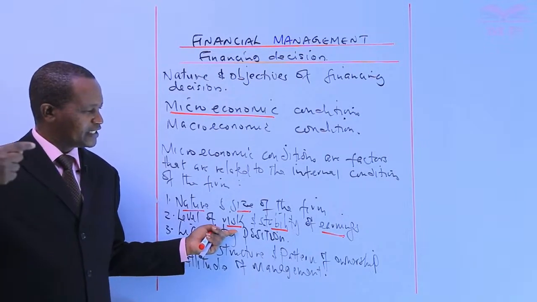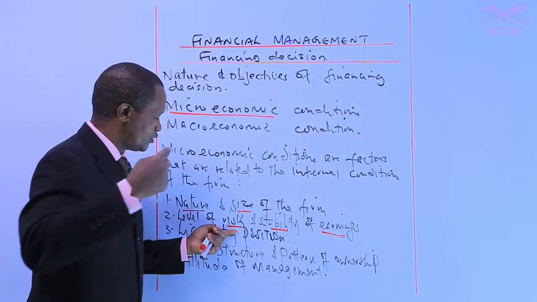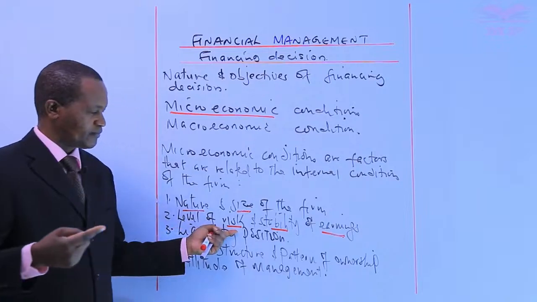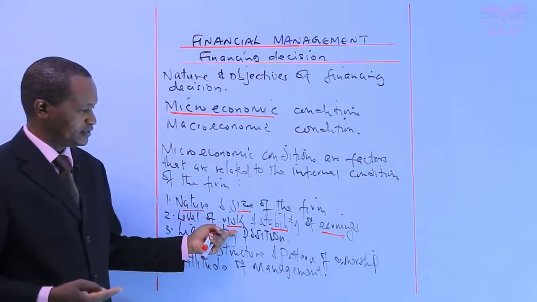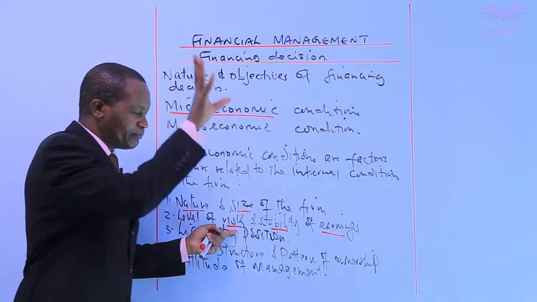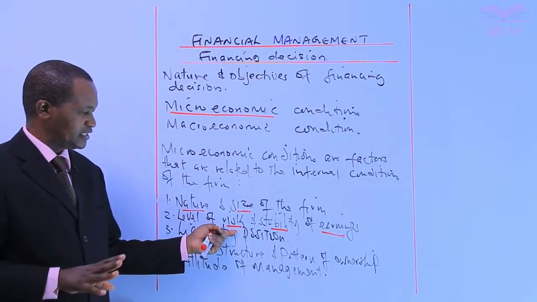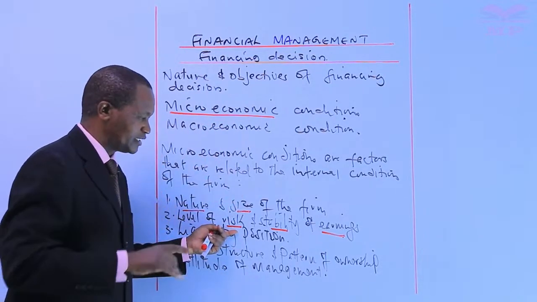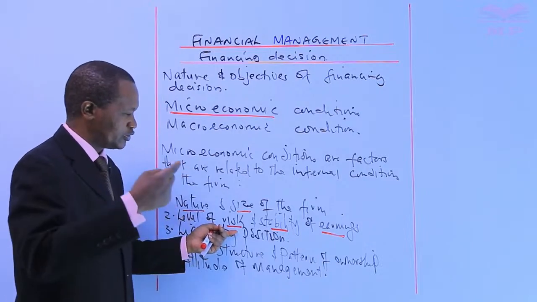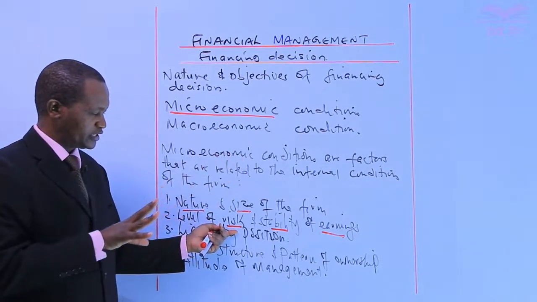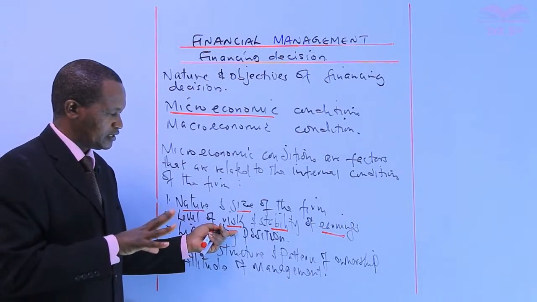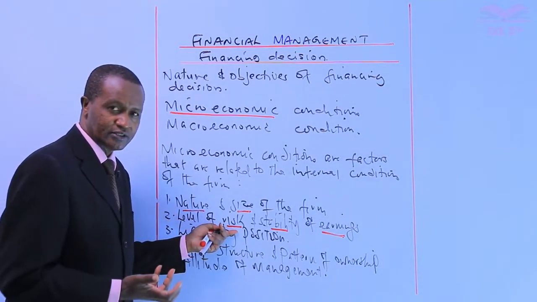A company that has unstable income is a high-risk company because of the instability in earnings. Such a company cannot easily raise money through loans or debt, and the management may go for internal sources.